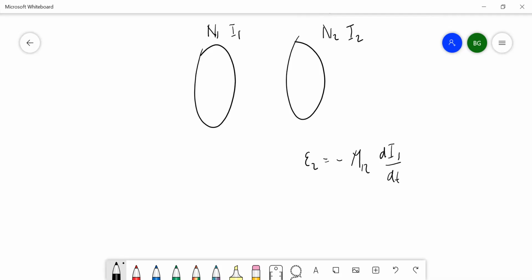This M12 is the mutual inductance at coil 2 caused by coil 1. That is from the statement here, M12, okay?